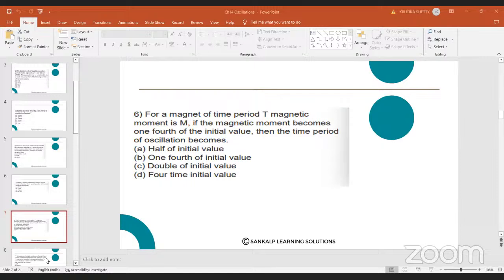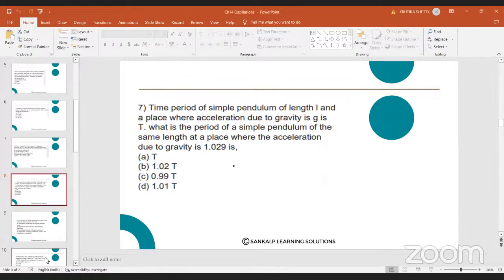Next question. The next question is time period of simple pendulum of length L and a place where acceleration due to gravity is G is T. What is the period of a simple pendulum of the same length at a place where the acceleration due to gravity is 1.02 G?